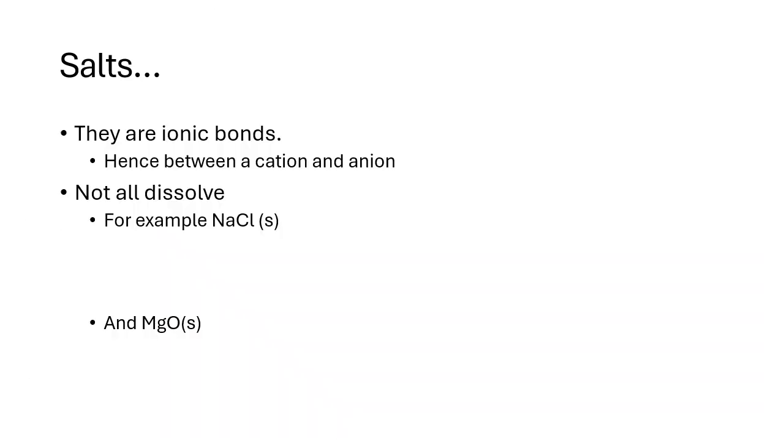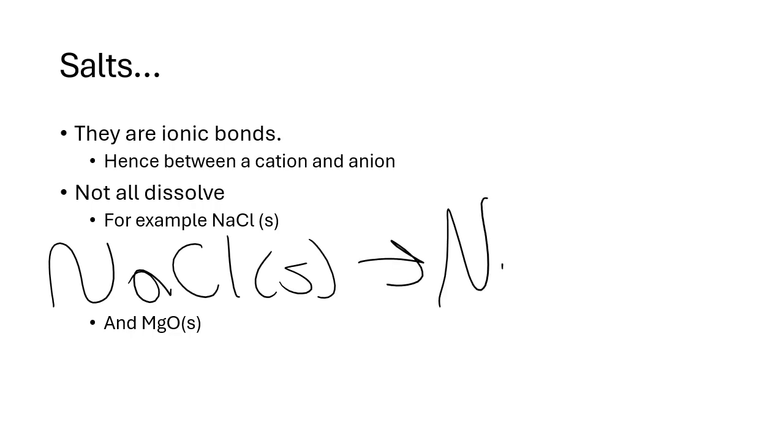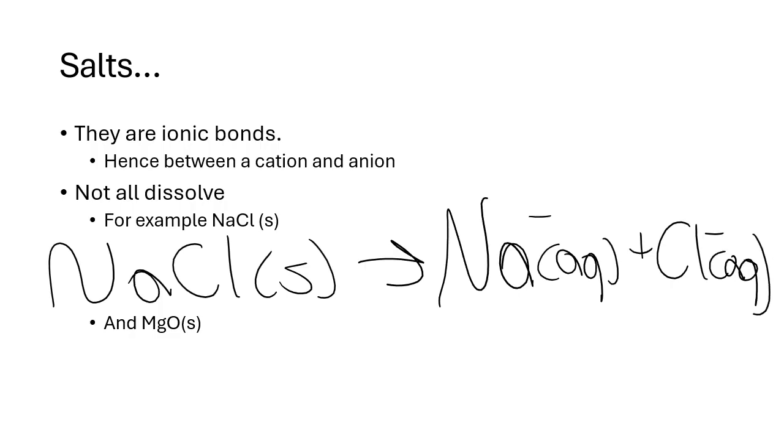So what I just said, some salts dissolve. So for example, NaCl, when you put it in water, it breaks down to this compound compared to MgO. And so here I'm just going to point out, okay, we have solid. So you take solid, you put it in water, aqueous.